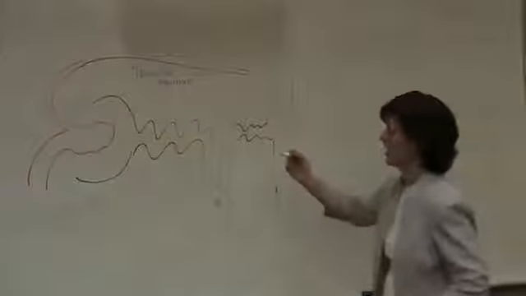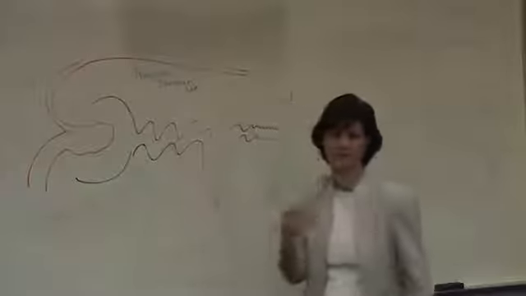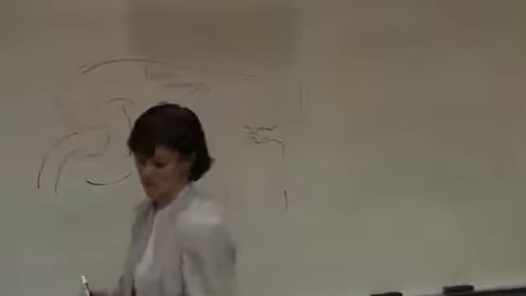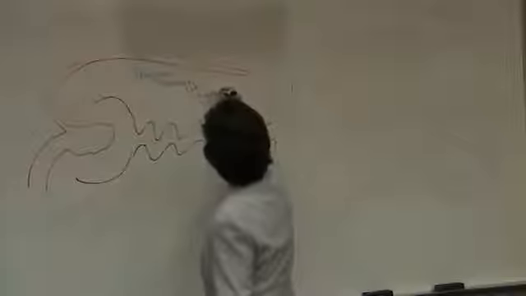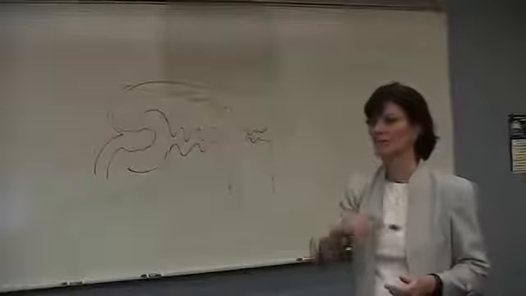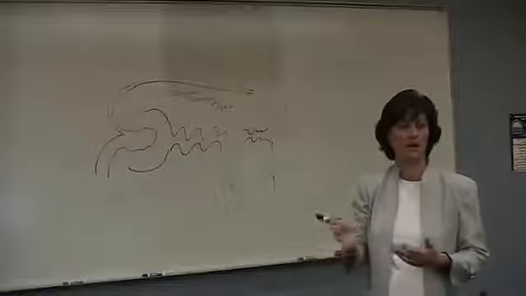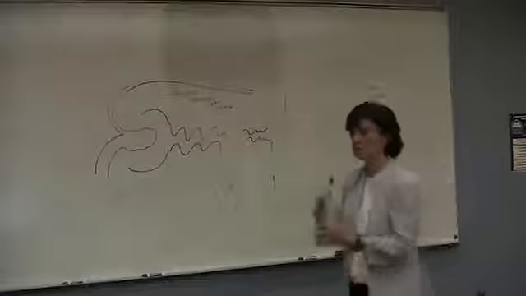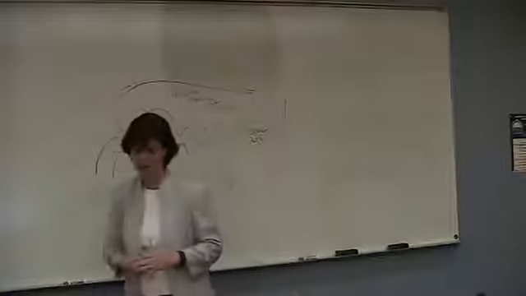Transport maximum is a rate. How fast can the nephrons do something, right? And so the units of measurement are typically given in milligrams per minute. Transport maximum is asking the question, what is the maximum rate that the kidneys can reabsorb a particular substance, or secrete, but in this case, we're much more concerned about reabsorption.